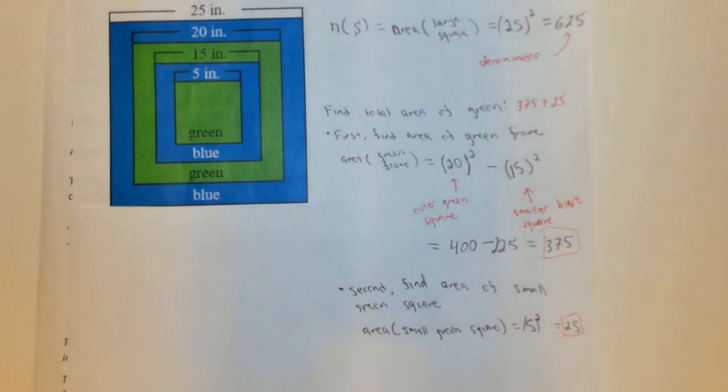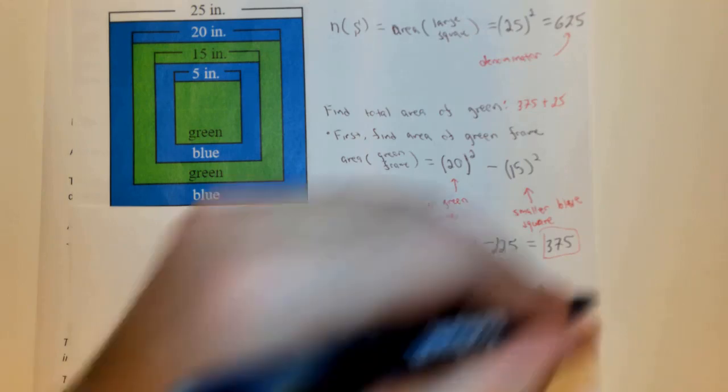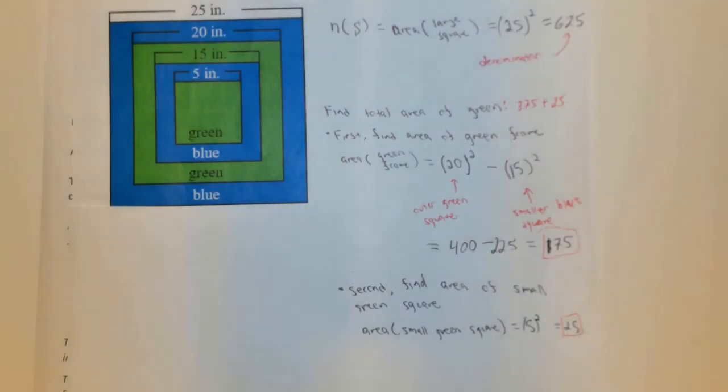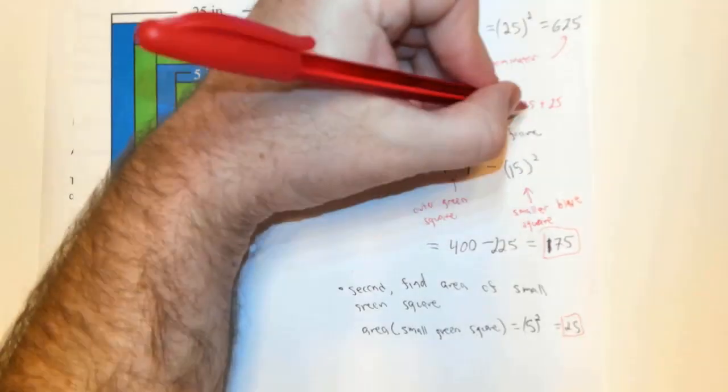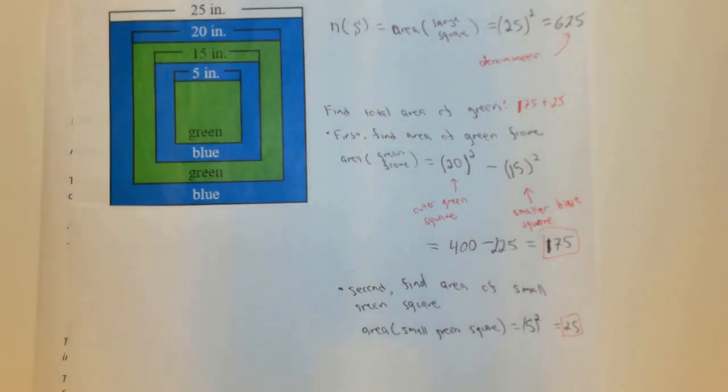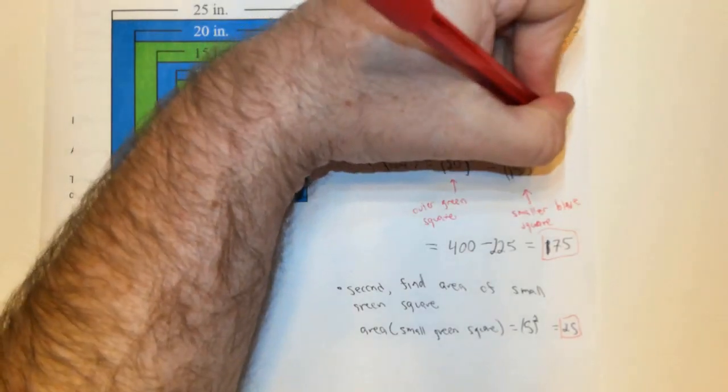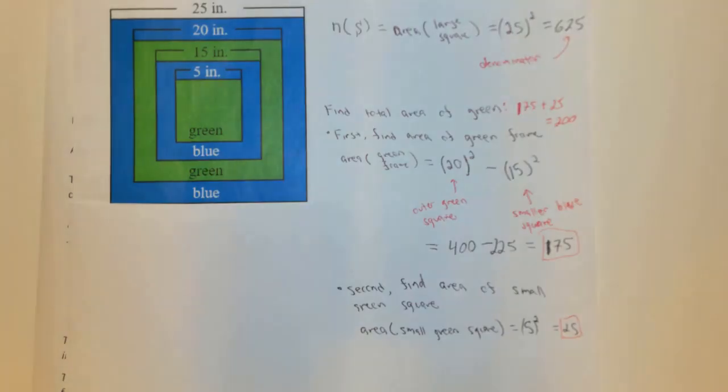And so this number, 400 minus 225, is 175. Okay. So 175 plus 25 is 200. So the total amount of green is 200.